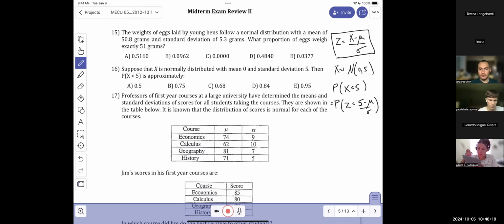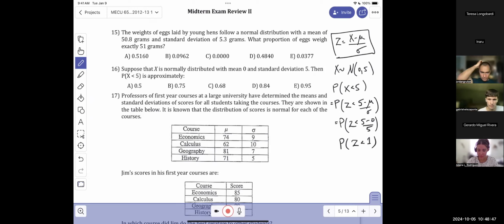So we convert X into a Z. I call it Z because in Canada it's Z as well. I'm Canadian. So 5 minus 0 over 5. So that's Z less than 1.